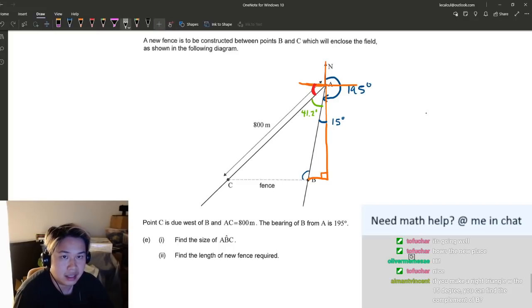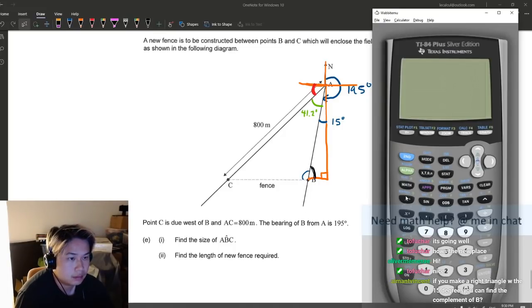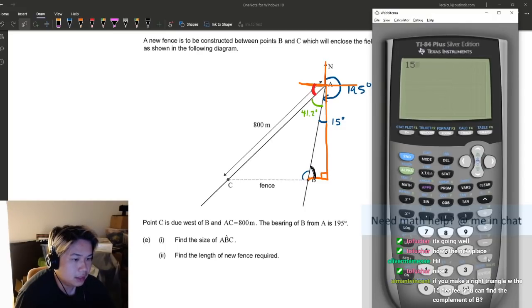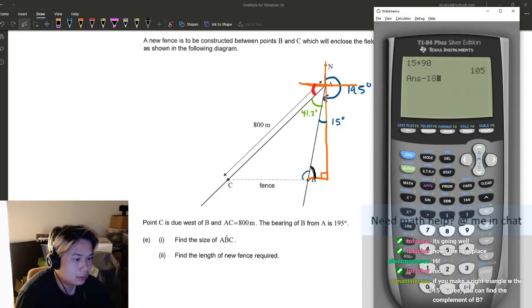So that means that I can find out this angle right here. So 15 plus 90 minus 180. So 75.